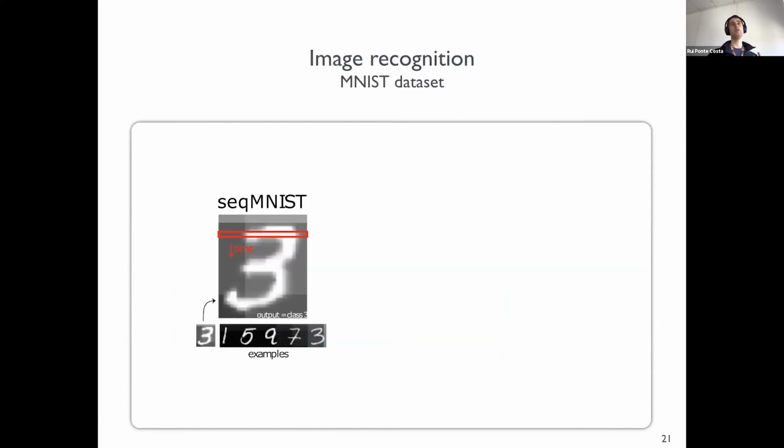So the first task we did then to illustrate that our model can also be used as a model for these more cognitive tasks was an image recognition task. By using a standard machine learning dataset, the MNIST dataset, we trained the model to classify digits. So given some handwritten digit, like for example 3, the model should say this is a 3, this corresponds to a 3 and not a 5 or a 9.